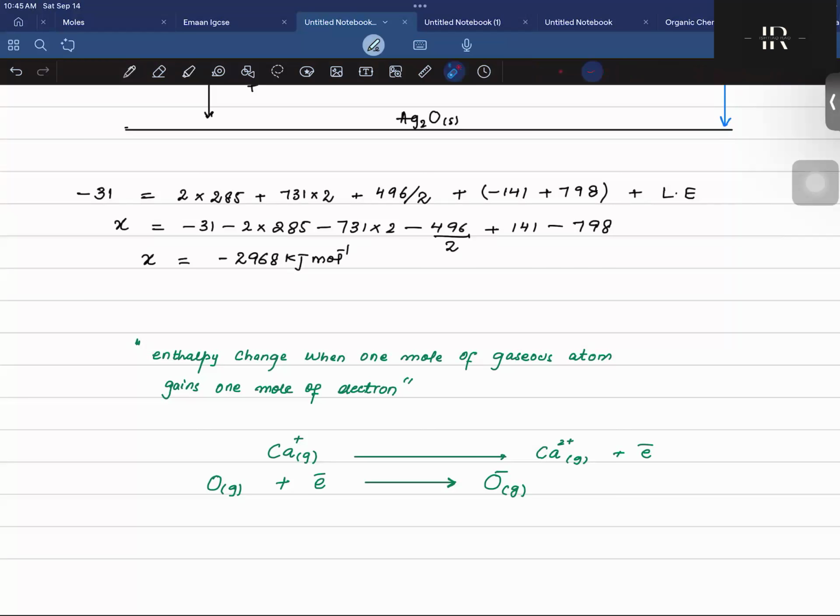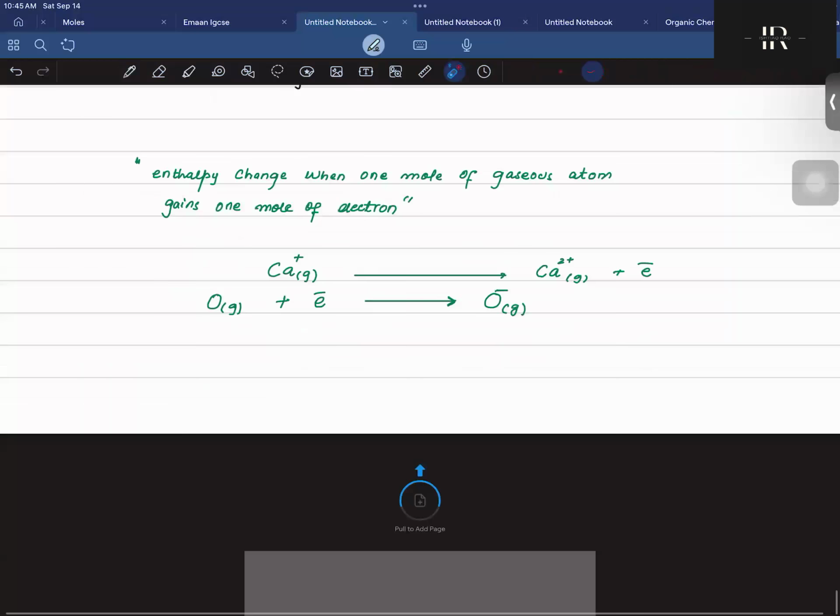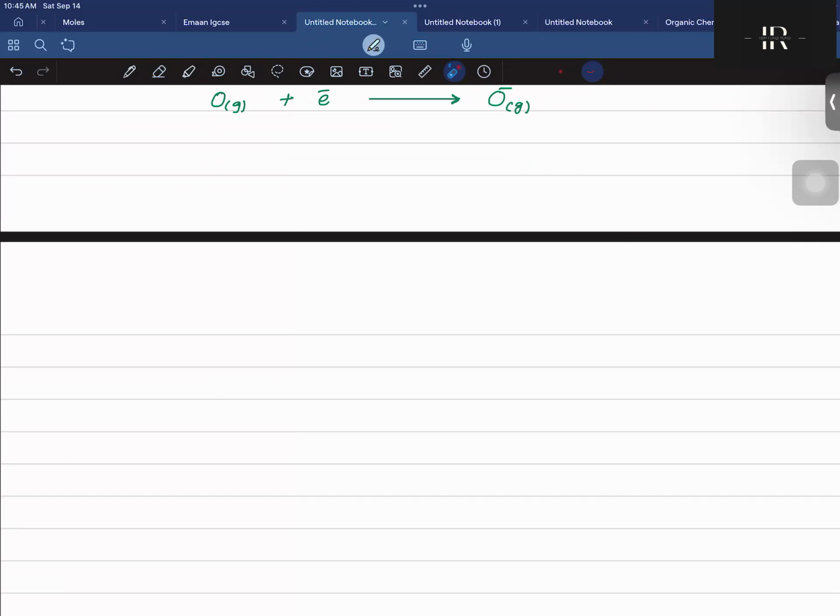So when this neutral oxygen is going to gain one electron, obviously they are going to meet together, they are going to react together. This is an addition reaction. Oxygen is neutral. Neutral means that this is an oxygen, this is a nucleus of oxygen, and 6 electrons are there in the outer shell of oxygen, whose proton number is 8.